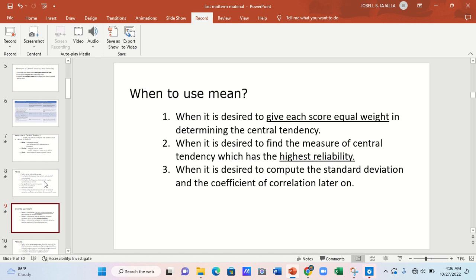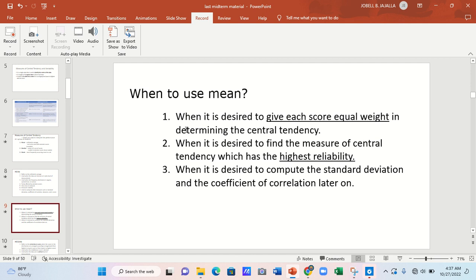And on the uses of the mean, we have 3 signals on when to use the mean. First, when it is desired to give each score equal weight in determining the central tendency. Second, when it is desired to find the measure of central tendency with the highest reliability. And third, when it is desired to compute the standard deviation and the coefficient of correlation later on.